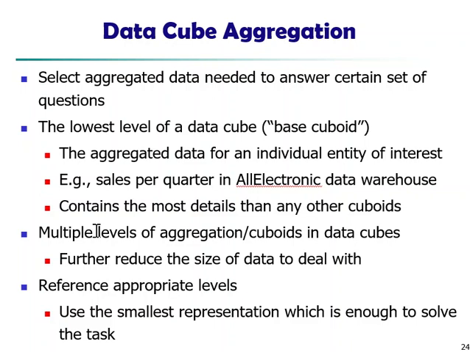Because we have the data represented at different levels of aggregation, when we need to answer certain queries, we can pick the right aggregation level and use that representation to answer questions or queries.